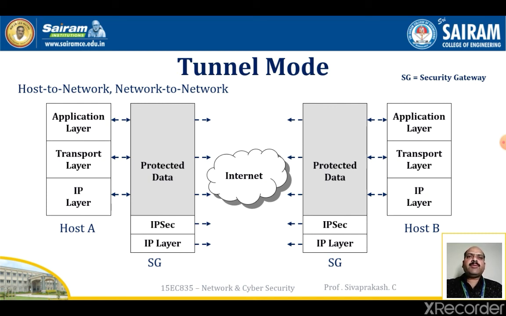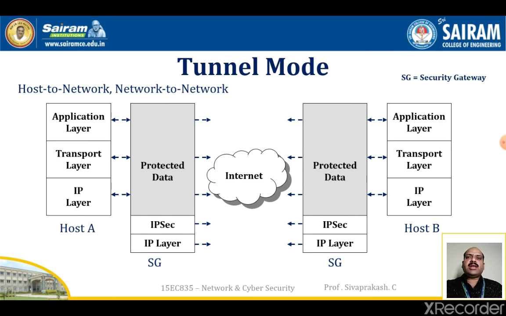If this packet from A to B requires IP security, the firewall performs IP security processing and encapsulates the packet with an outer IP header. The source IP address of this outer IP packet is this firewall, and the destination address may be a firewall that forms the boundary of B's local network. This packet is now routed to B's firewall, with intermediate routers examining only the outer IP header. At B's firewall, the outer IP header is stripped off and the inner packet is delivered to B.